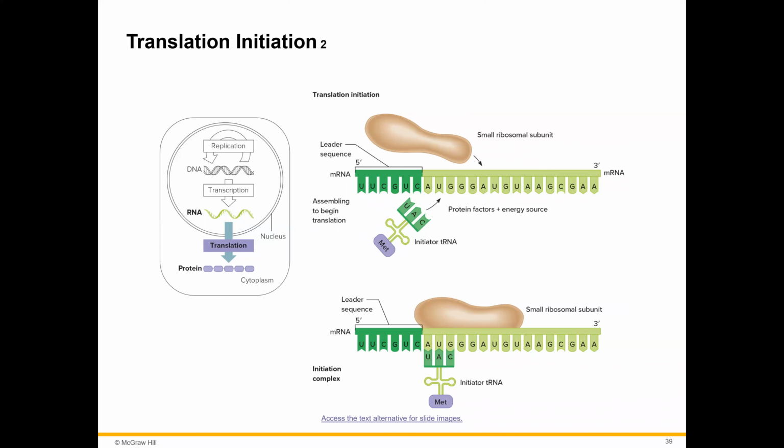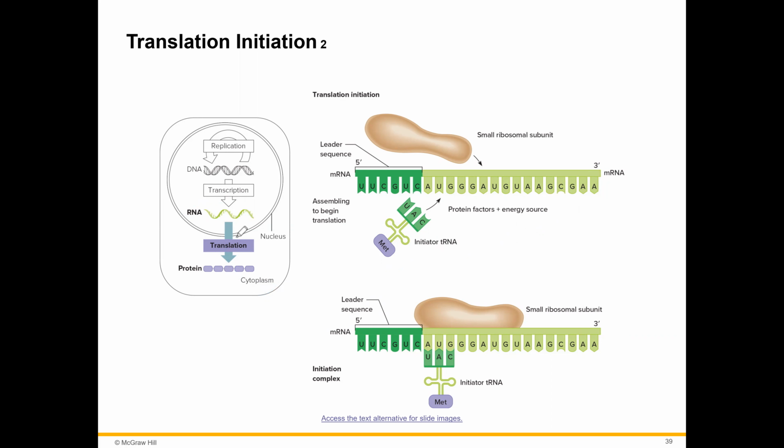But when we are talking about translation, we go from nucleotides in mRNA to amino acids. So it's like we're changing the language. And when you change the language, you need to translate, from one language to another. That's what translation is. So a messenger RNA leaves the nucleus, moves to the cytoplasm, and this is where translation begins.